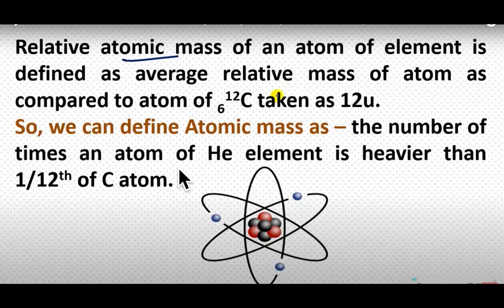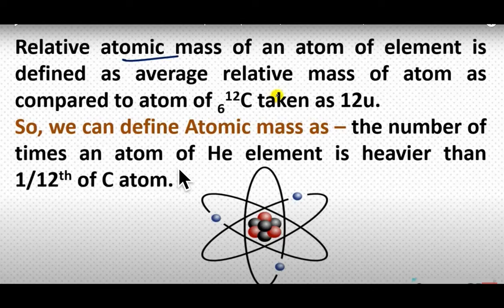As the size and mass of an atom is very small, it is measured in a special unit, that is AMU, atomic mass unit. It is not measured in kilogram or grams.